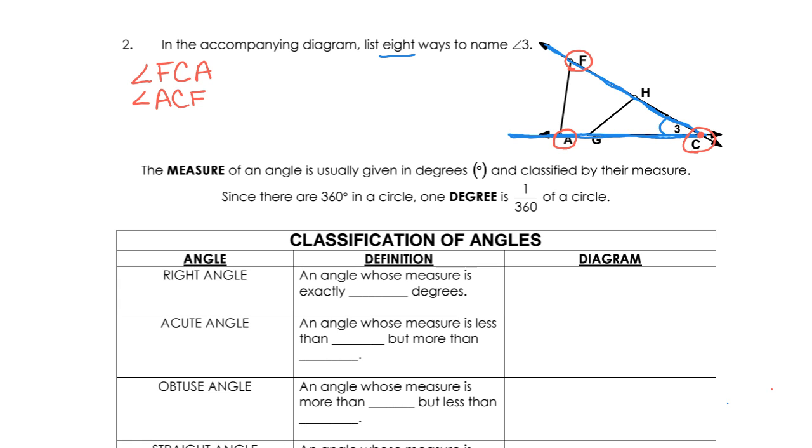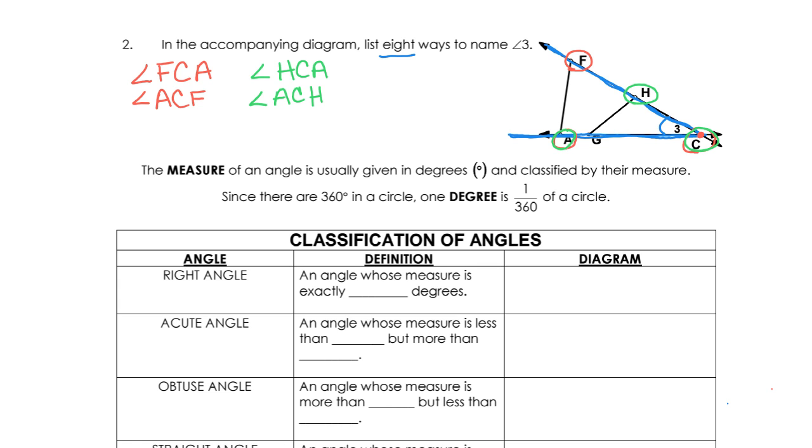Okay? Instead of grabbing F, I could have also grabbed H. So we could say H, C, A. Angle H, C, A. I could also call it angle A, C, H. Okay? Instead of grabbing the A, I could have also grabbed the G instead.